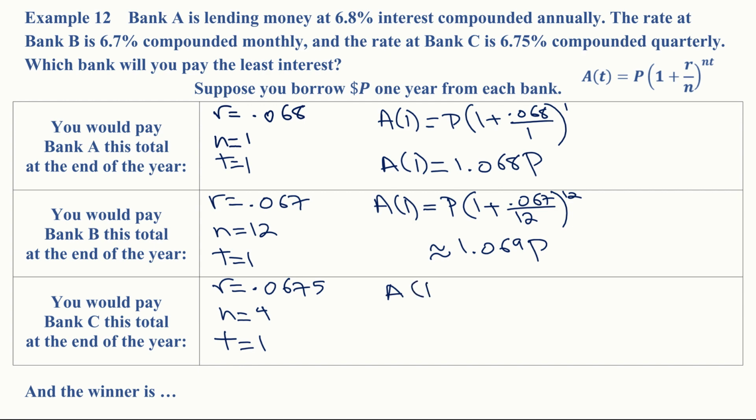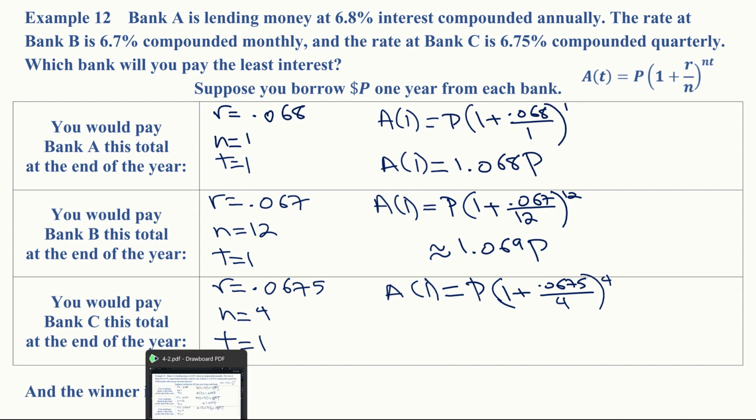So A of 1 for Bank C would be P times 1 plus 0.0675 divided by 4, which is the number of compounding periods n, to the power of nt, 4 times 1, which is what? 4. So now we'll go ahead and compute that.